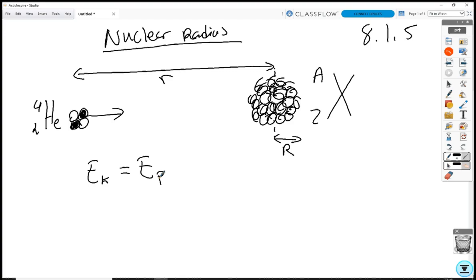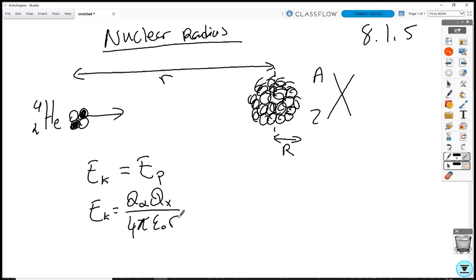And the electric potential energy is given by Q alpha times by Qx over 4 pi epsilon naught r. So if we rearrange this, we can get a value for r.